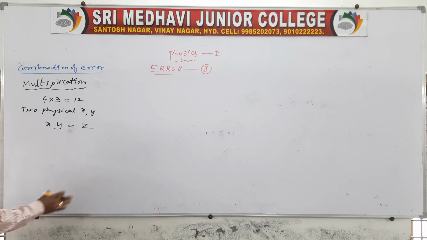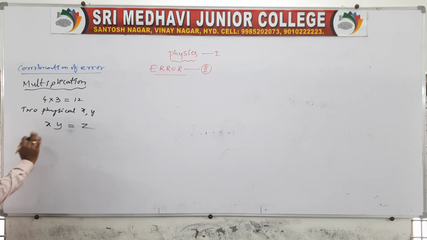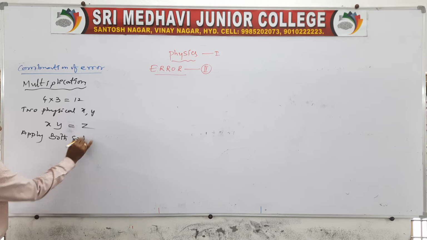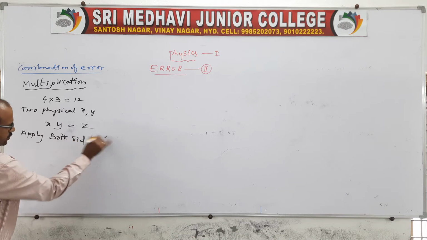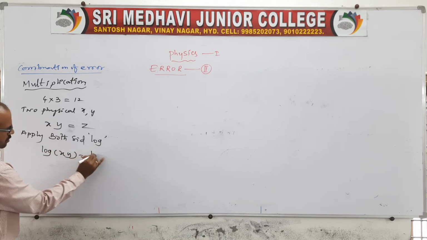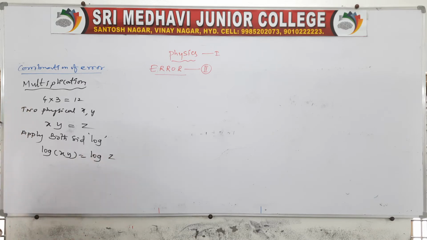For this purpose, we have one method. For this given multiplication of two physical quantities, you apply logarithm on both sides. Take the logarithm on the left side as well as the right side, so that log of xy is equal to log of z.